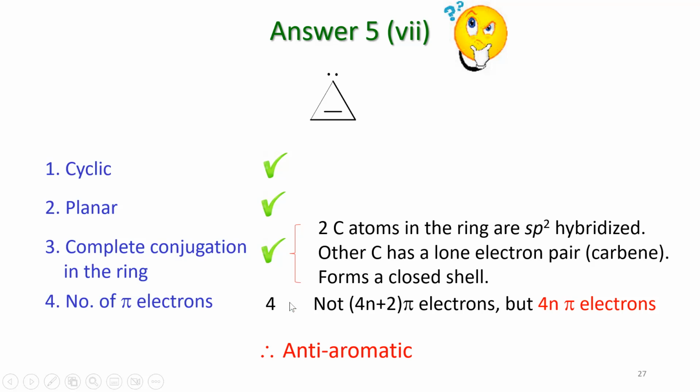If it had been 6 here, 4n plus 2, it is aromatic, but 4n plus 2 is not here. The total number of pi electrons is only 4. So if the number of pi electrons is 8, it is anti-aromatic, right? And 12 electrons, anti-aromatic, when all the other conditions are fulfilled, right?